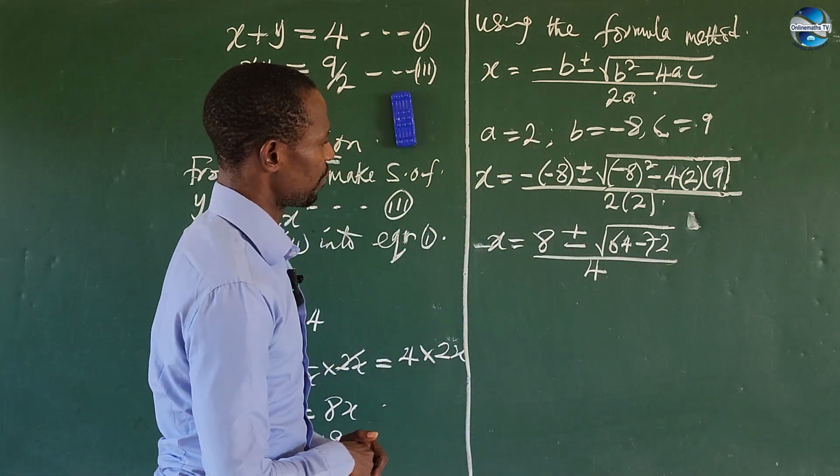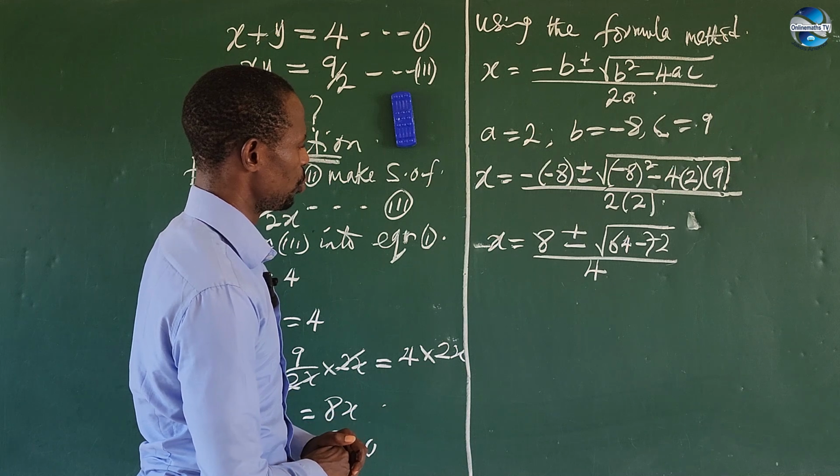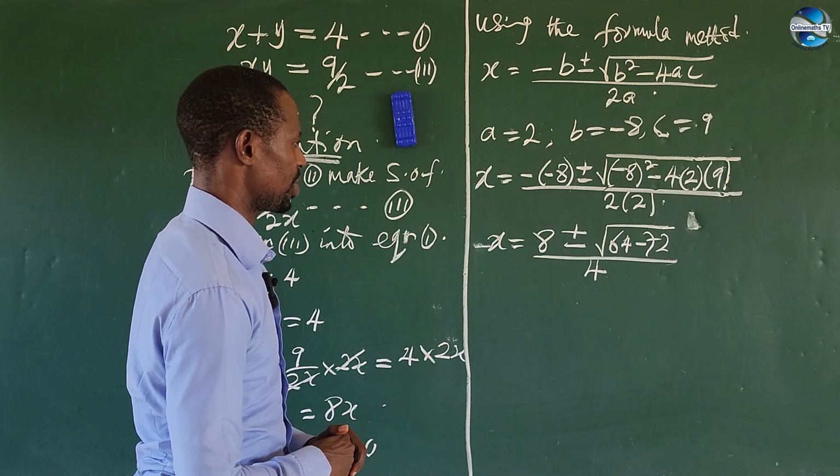Good. So 64 minus 72 will give us minus 8, right?